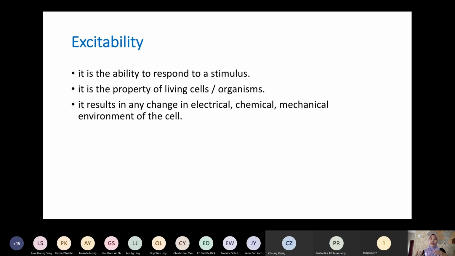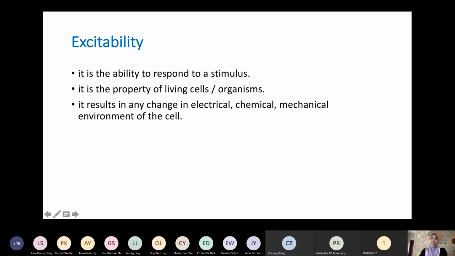So bear in mind that in our body, we not only have the mechanical receptor. We also have a chemical receptor, and we also have what we call a thermal or heat receptor. That's why all of these are categorized as stimuli for our response.